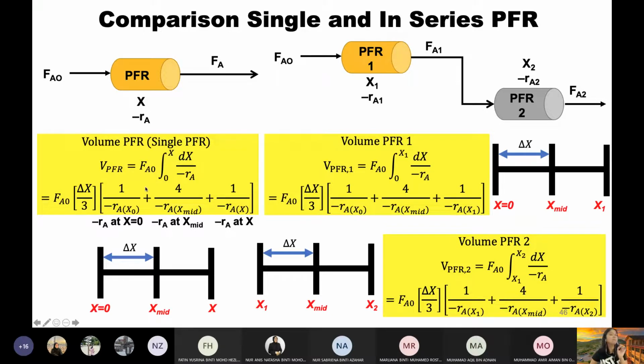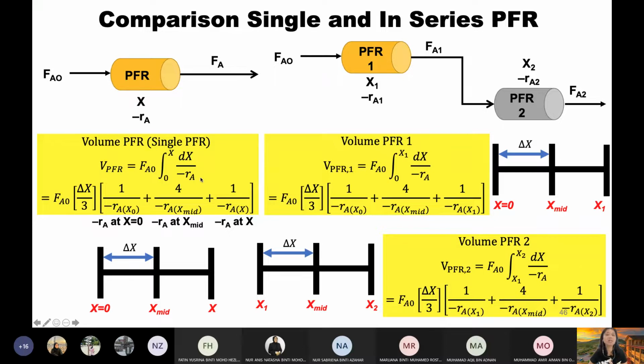So why is the lower limit 0? Because single reactor, the initial conversion adalah 0. It starts from 0. The upper limit is X because that's the final conversion the reactor will achieve. So 0 to X, dX per minus RA.